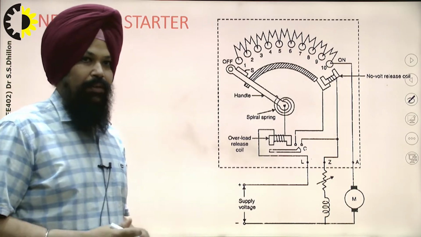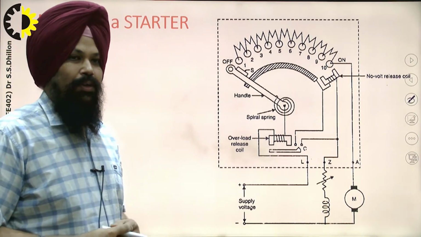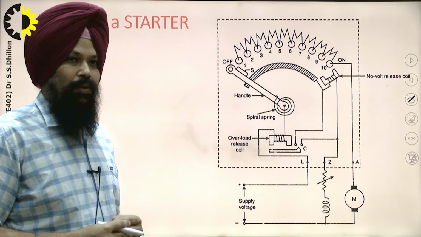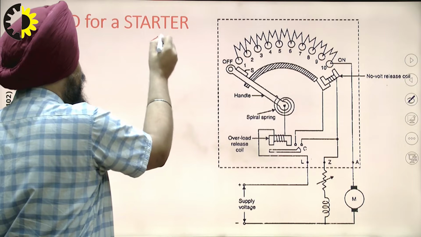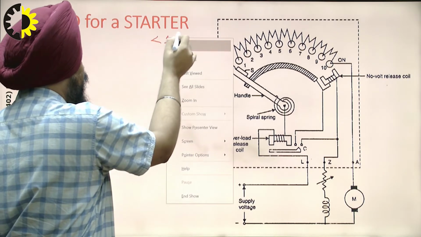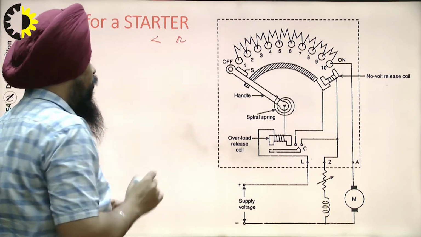As we know, in the case of DC motor the armature resistance is very small, of the order of below 1 ohm. This is the main cause.